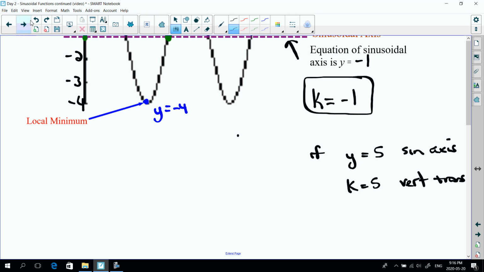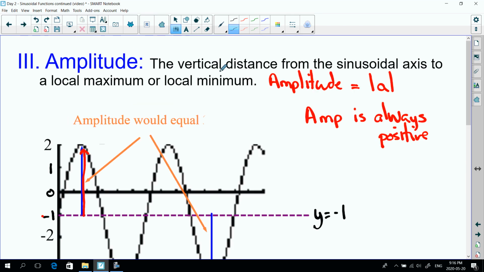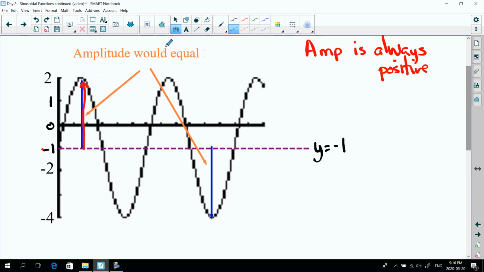Next definition is the amplitude. It's the vertical distance from the sinusoidal axis to a local max or a local minimum. The amplitude is stated as an absolute value. It means it's always positive. So in this diagram, my max is the same picture as the last page. My maximum is still at a height of 2.